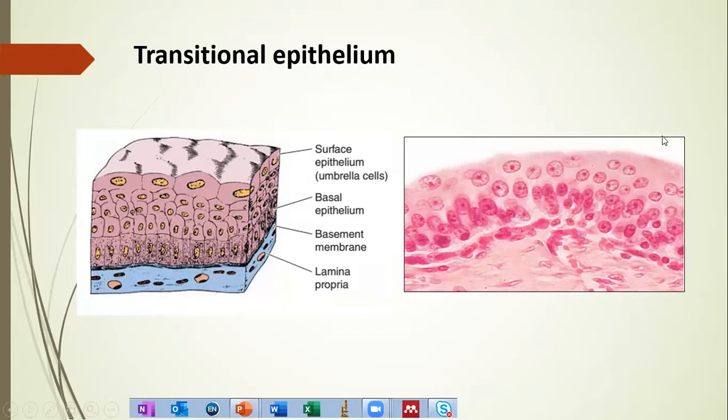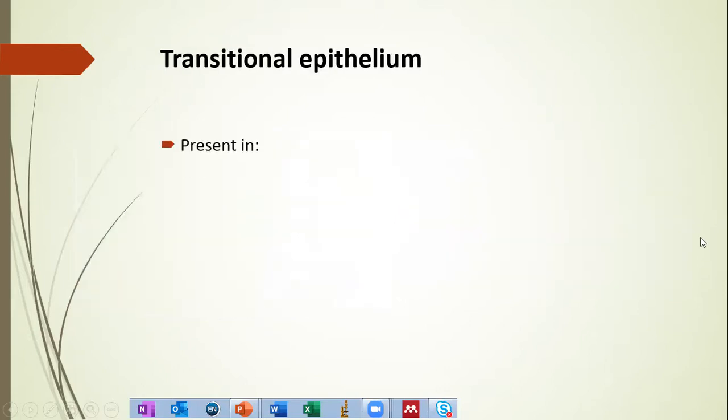On the right side, this is an H&E stained histological section seen by light microscopy, and we see the superficial cells are dome-shaped, dome-like cells called umbrella cells. This transitional epithelium is found in the urinary bladder, ureters, and renal calyces. Transitional epithelium is related to the urinary system, urinary tract, urinary bladder, ureters, and renal calyces.